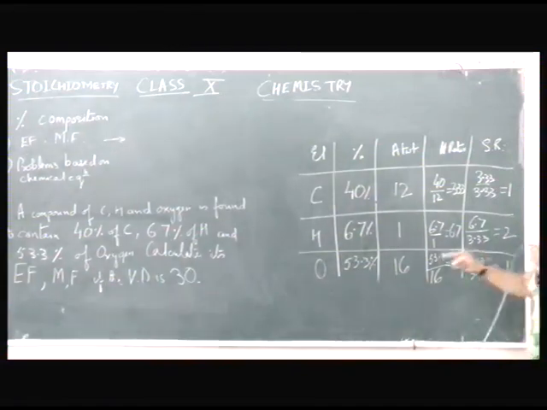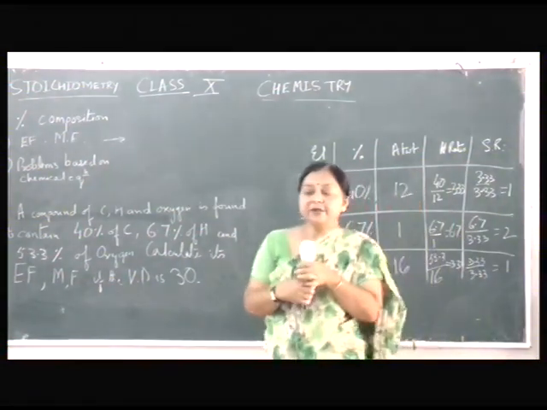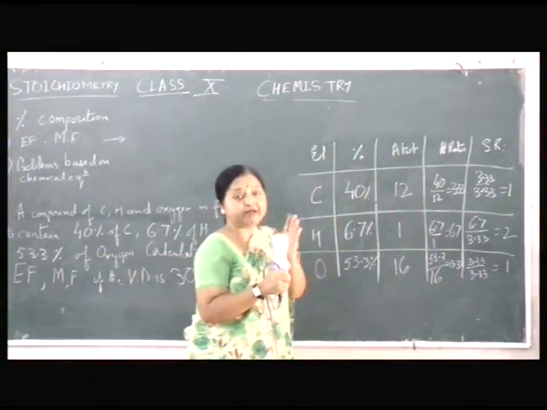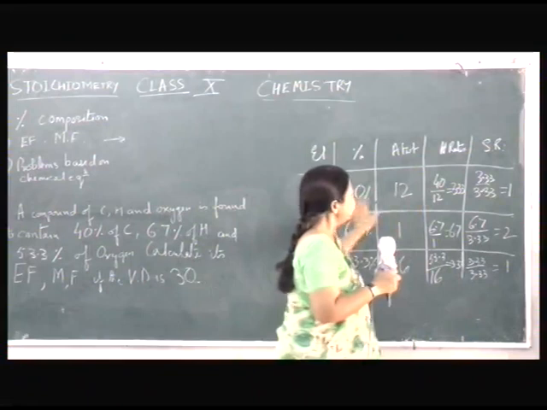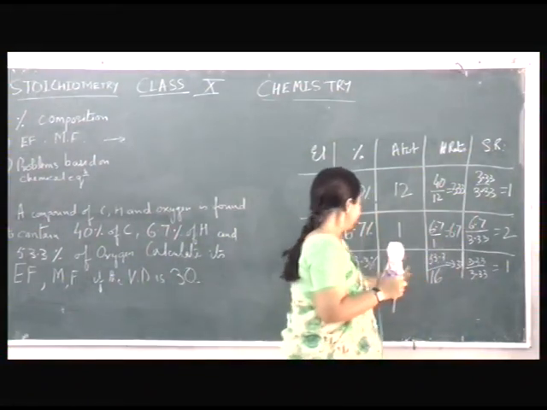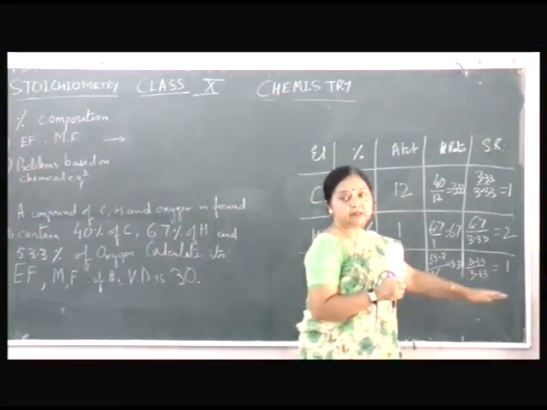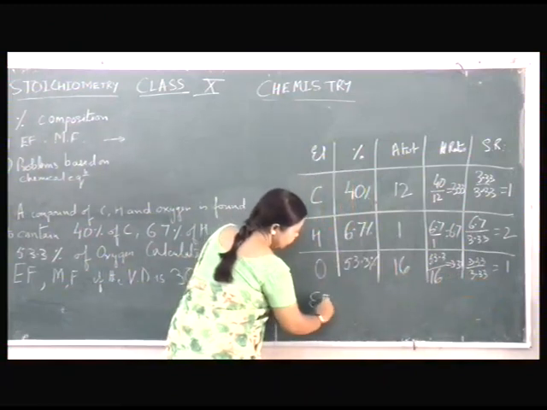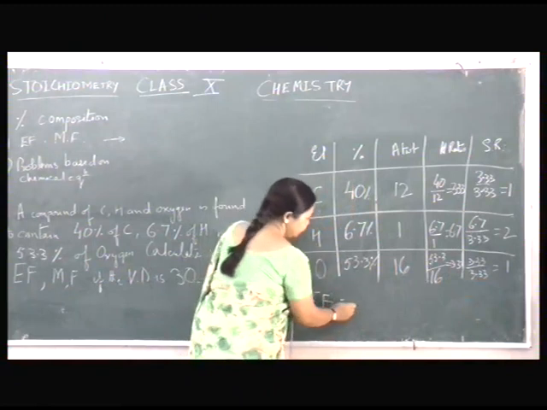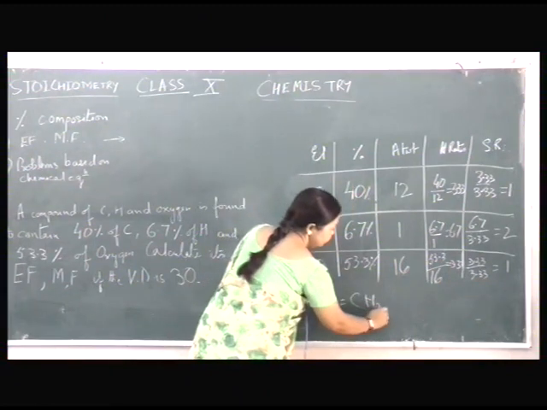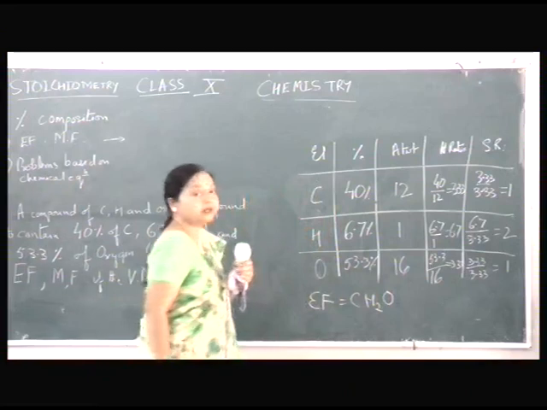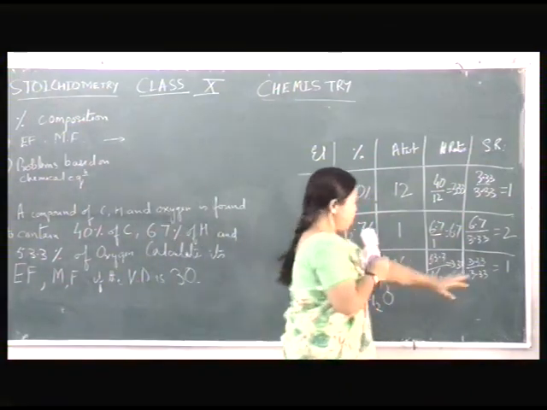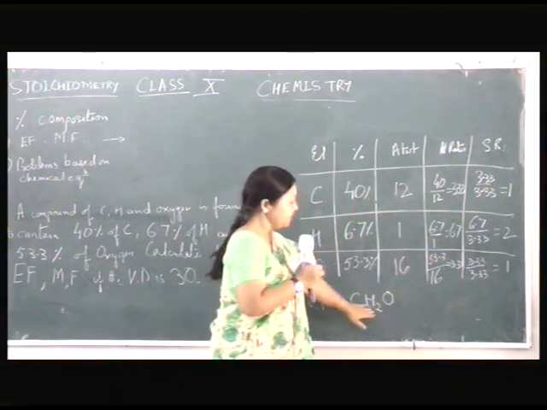This gives you the ratio of carbon, hydrogen and oxygen in the compound, the simple ratio. Simple ratio means carbon is 1, hydrogen is 2 and oxygen is 1. So what is the empirical formula? Empirical formula is CH2O. Carbon 1, hydrogen 2, oxygen 1.